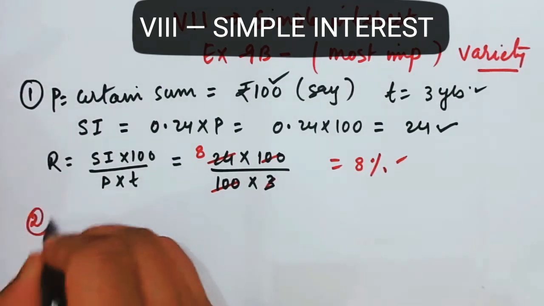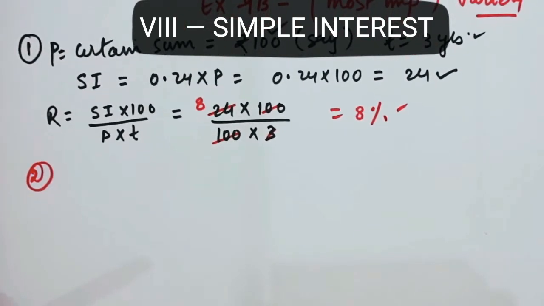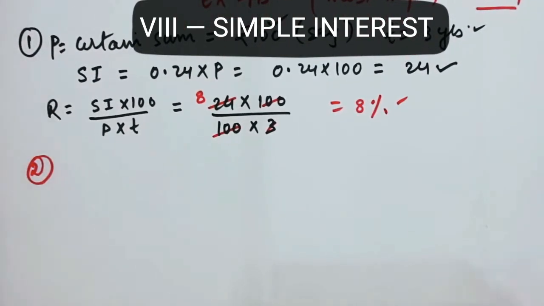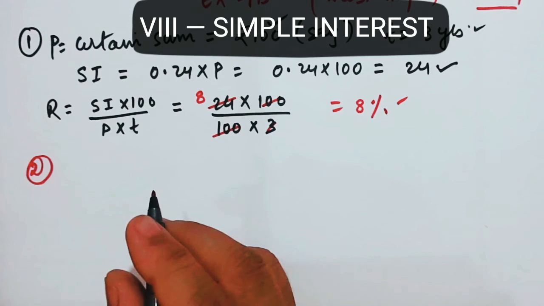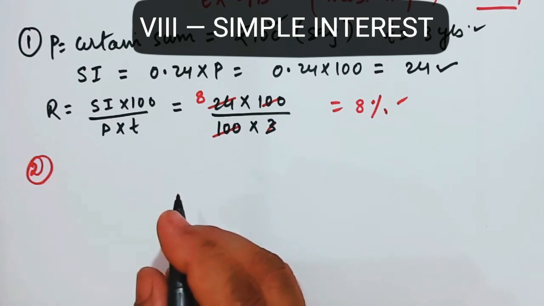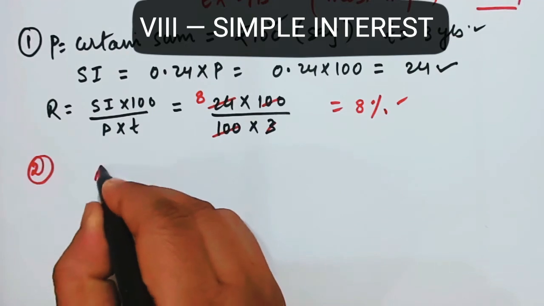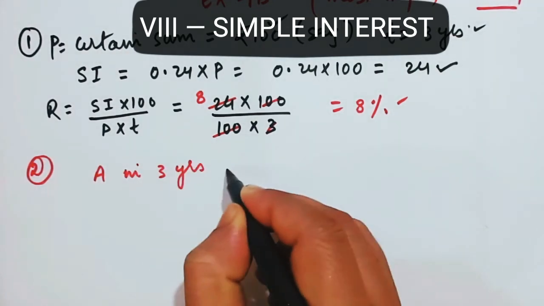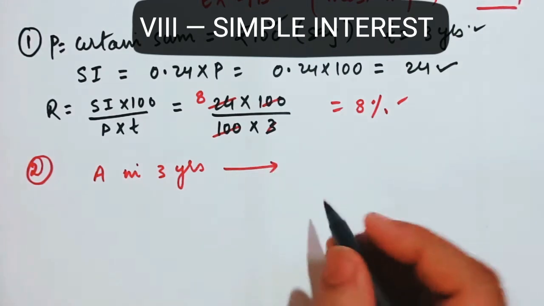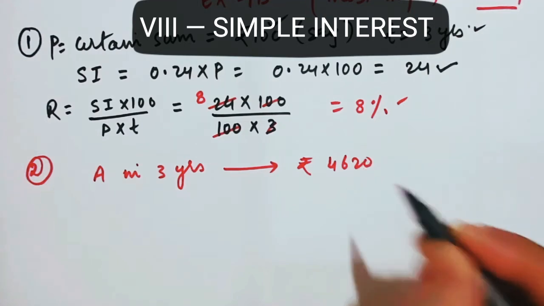Coming back to number 2. Number 2 is quite important, in fact very, very important. Why? Because you can see that it's totally different from the others. In number 2, they say that if 3750 amounts to 4620 in 3 years, this means amount in 3 years is given as rupees 4620.